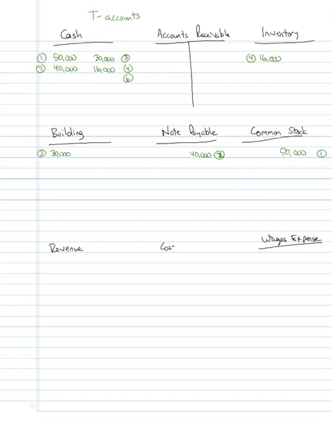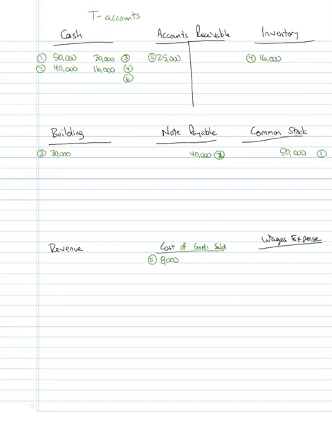The fifth journal entry was our two-part journal entry, recording the increase in accounts receivable of $25,000 and the increase in cost of goods sold, or our decrease in earned capital, of $8,000.